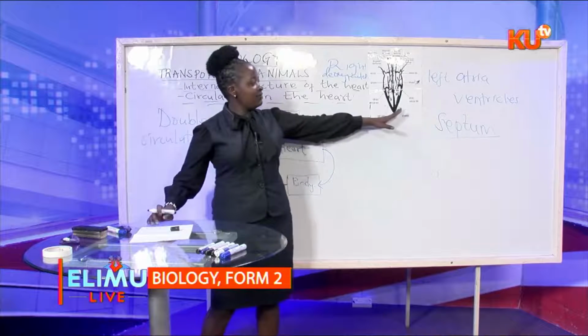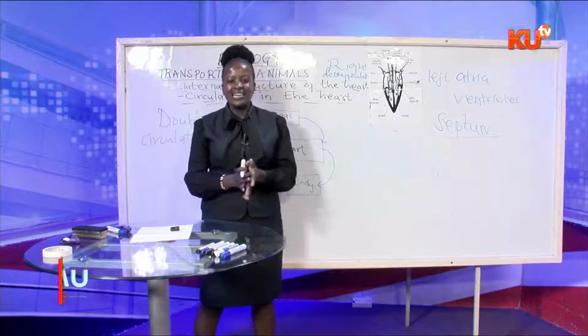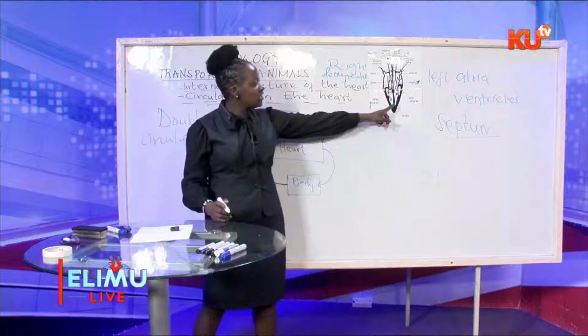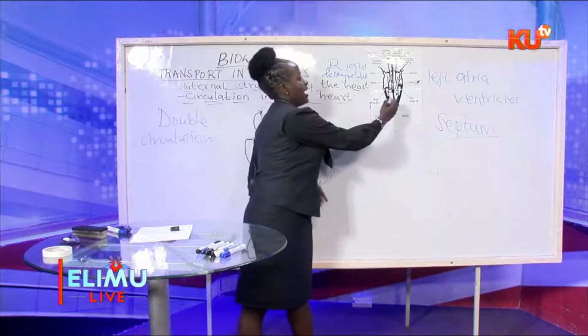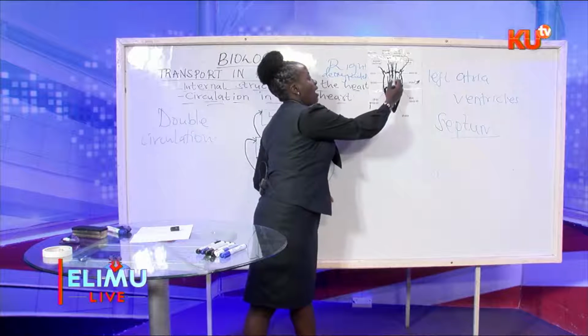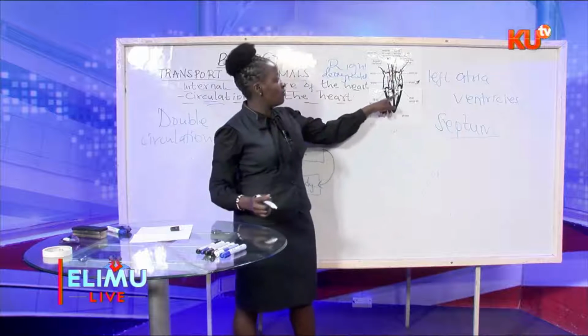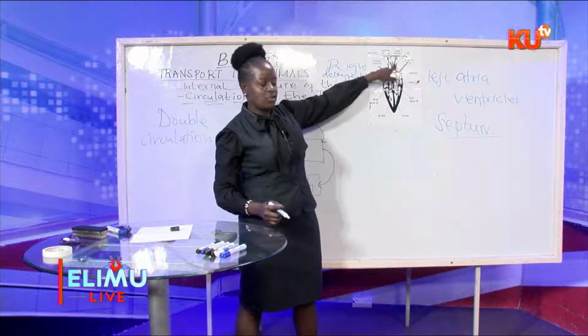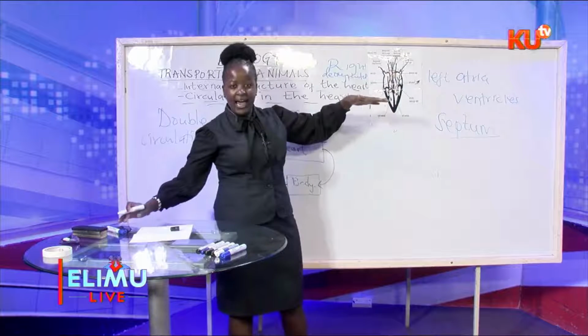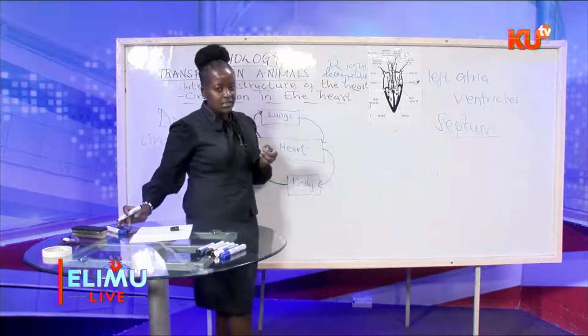Now, when the left ventricle contracts, it pushes blood out of the heart through the aorta. And now this blood contains oxygen.